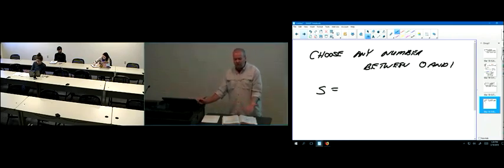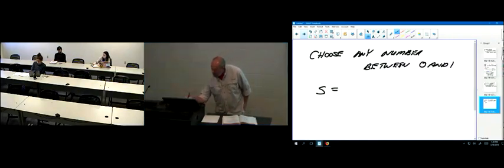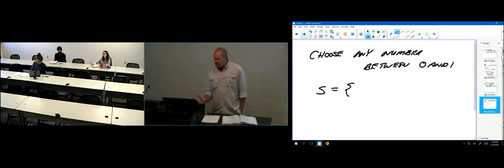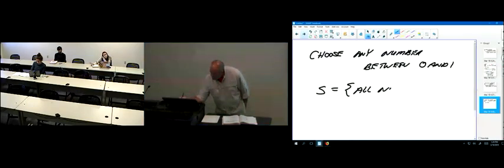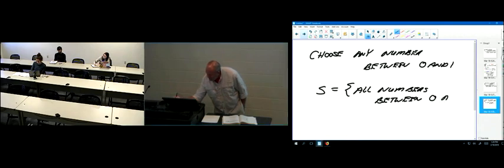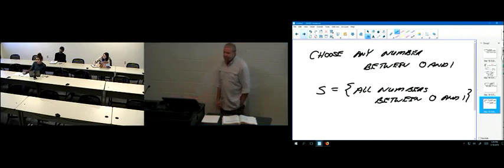Any number between 0 and 1 is a possible outcome, so I can't even list it. All I can do is say my sample space S is all numbers between and including 0 and 1. All right?